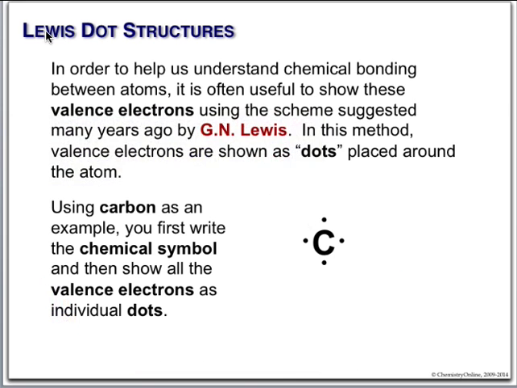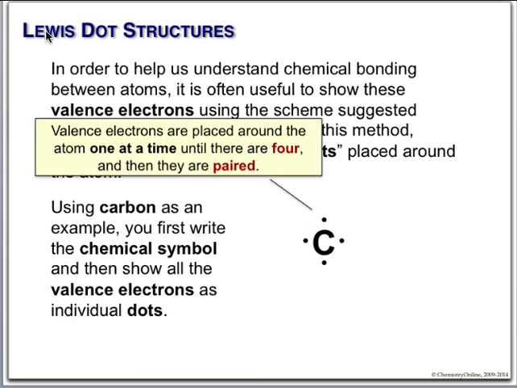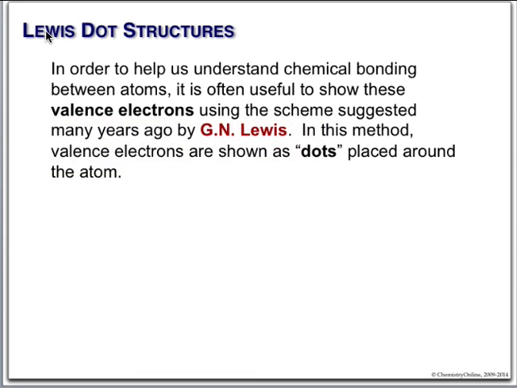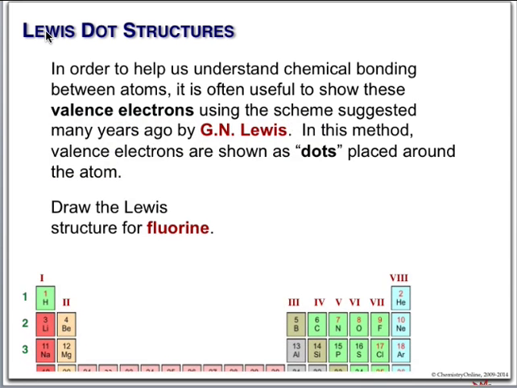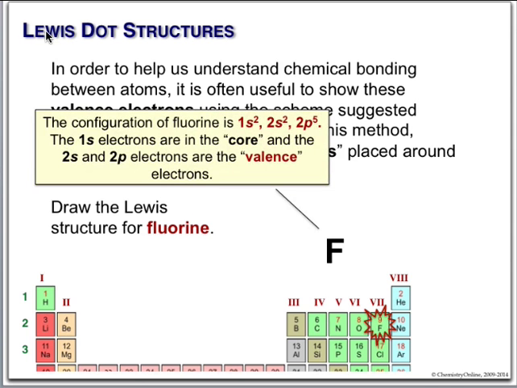Let's go ahead and do another example. Again, after we get 4, we start to pair them up. So let's do fluorine. Fluorine, again, is in our second period, and it's all the way down here in group 7. So it will have 1, 2, 3, 4, 5, 6, 7 valence electrons. We start off with our symbol. Next, we're going to put 4 electrons around it.